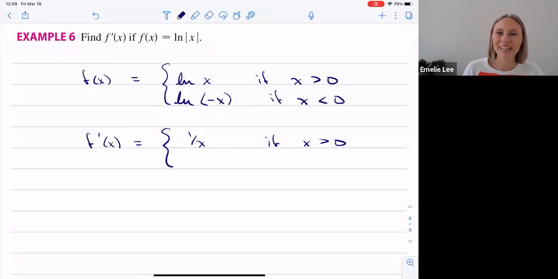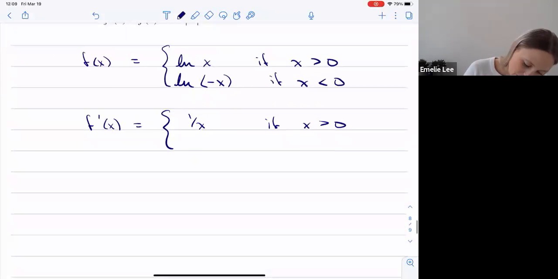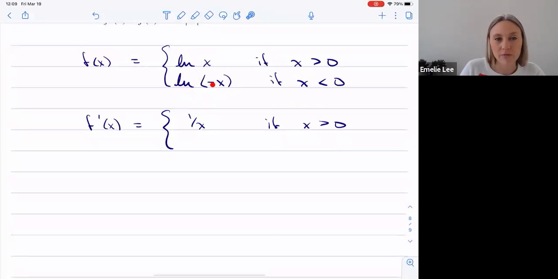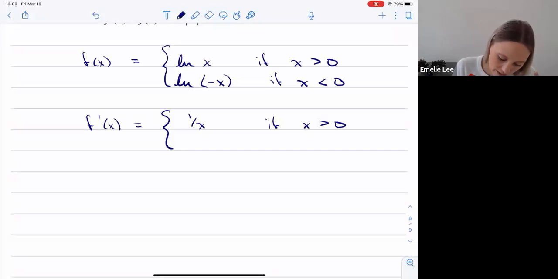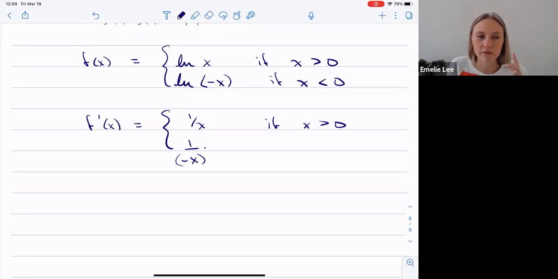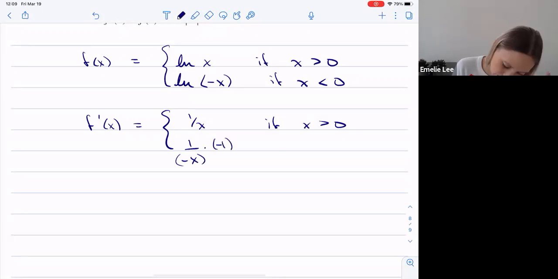So then the derivative of the natural log of negative x: now we have 1 over negative x, but then we need to multiply by the derivative of the inside, which is negative 1.